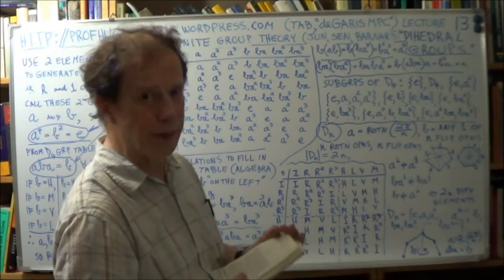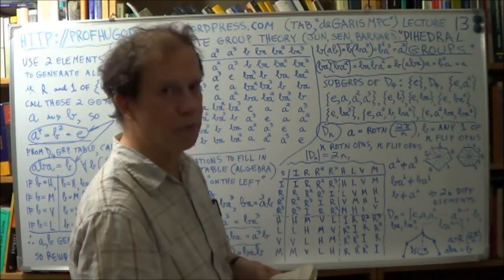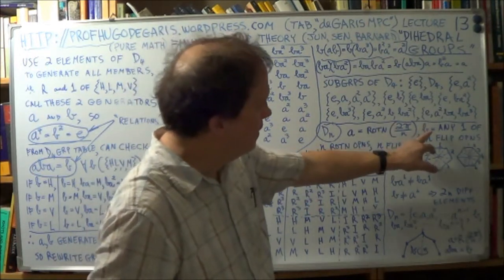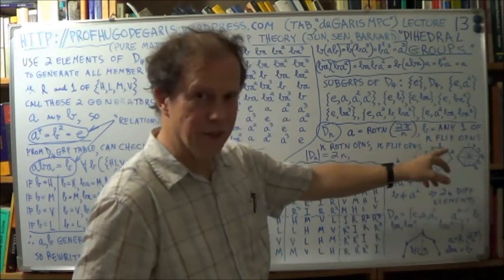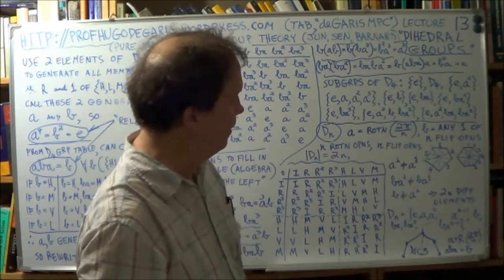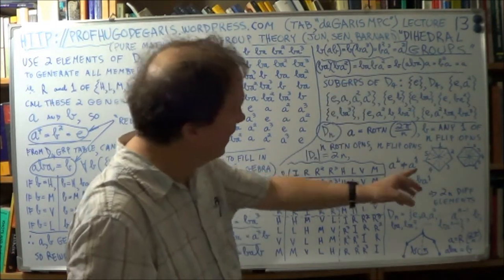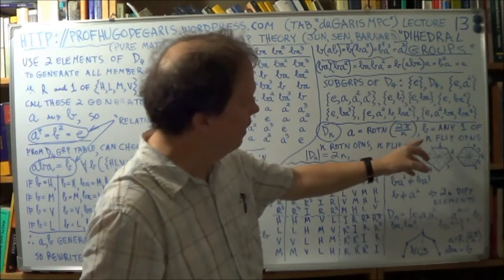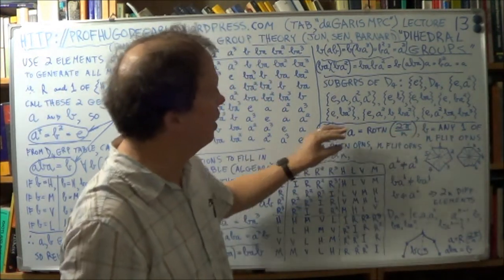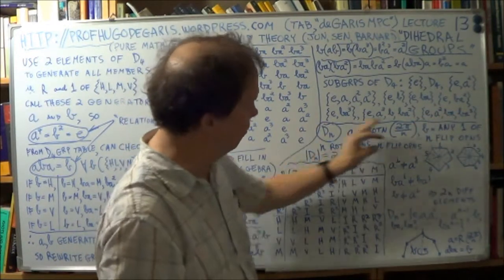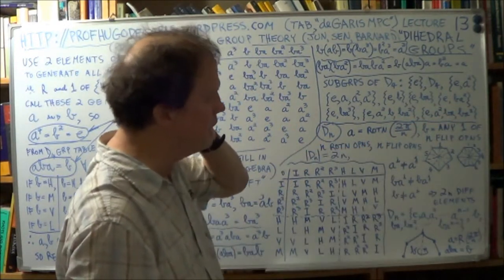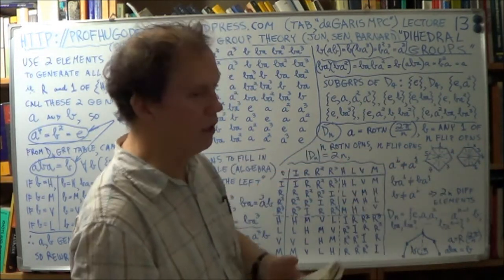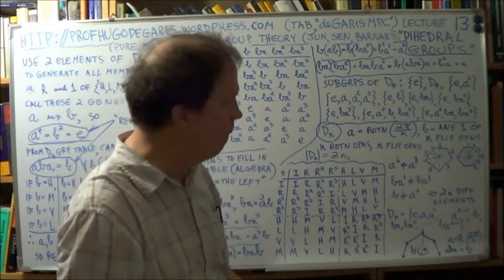Now this is less obvious, and if you really want to prove it, good luck. B is any one of the flip operations. Yeah, you see why I wish you good luck. Now, how many? Well, that raises an interesting question. You're trying to generalize. Imagine you're the research mathematician, playing with these ideas for the first time. You can ask yourself, how many flip operations are there when you have a regular n-gon?